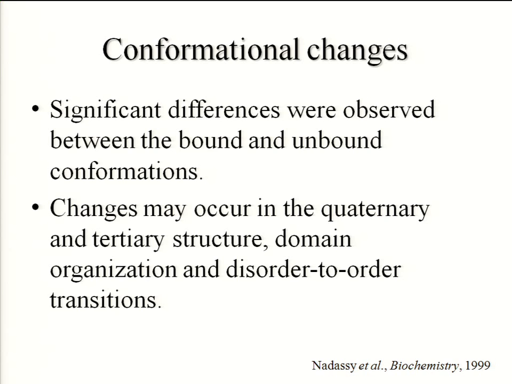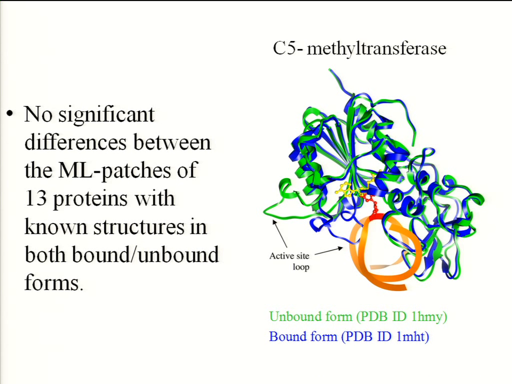So I'm not talking about such extreme cases. I'm talking about cases where we know the structure of the bound and unbound protein, and Guy collected 13 such cases and showed that for the most part the maximum likelihood patch looks very similar.